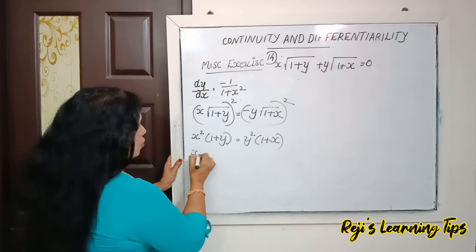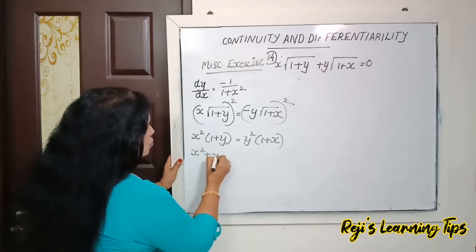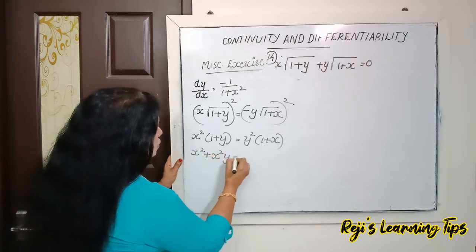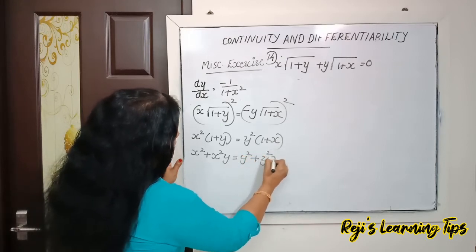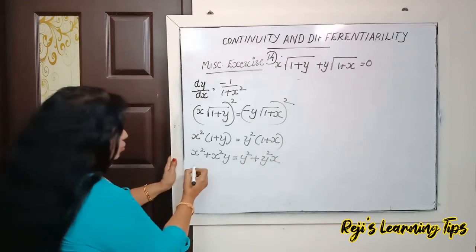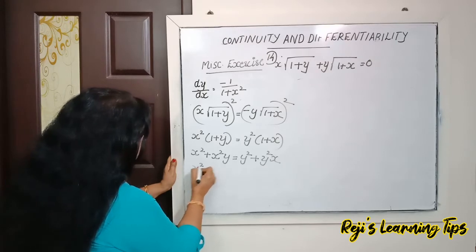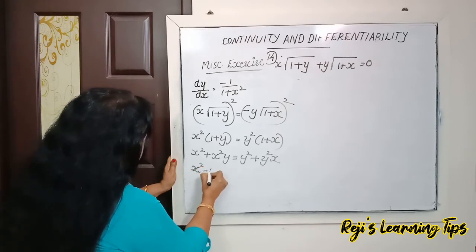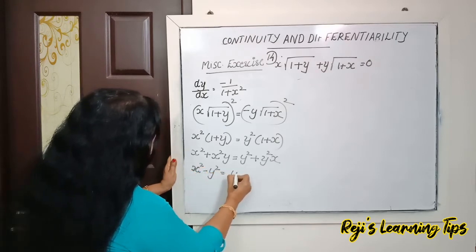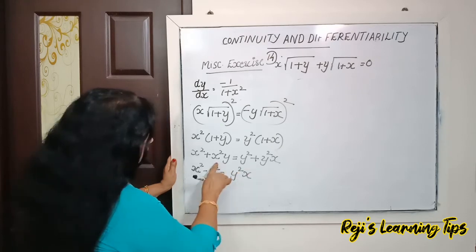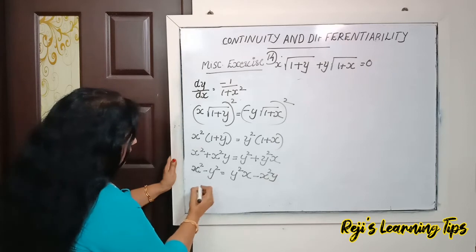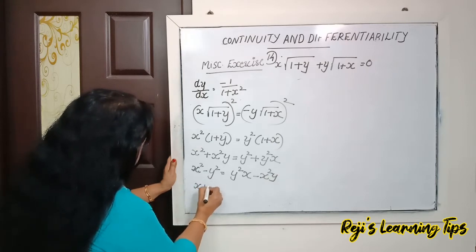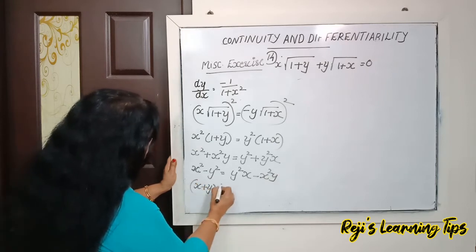Then x square plus x square y is equal to y square plus y square x. And we can write here x square minus y square is equal to y square x minus x square y. Okay, x square minus y square is x plus y into x minus y.